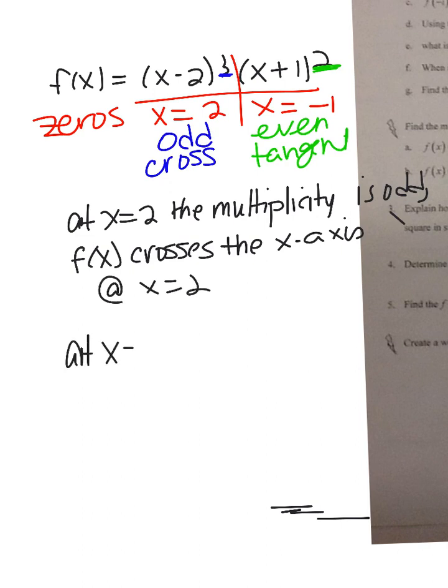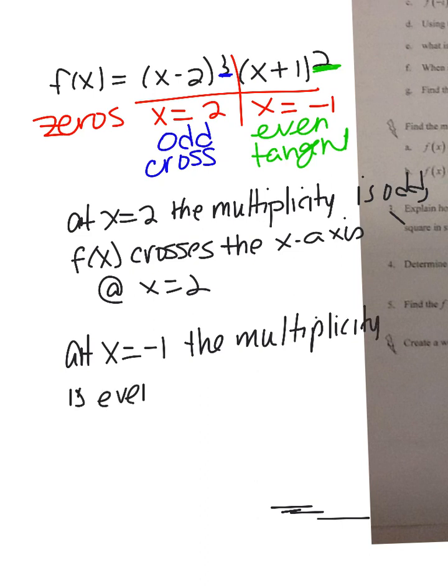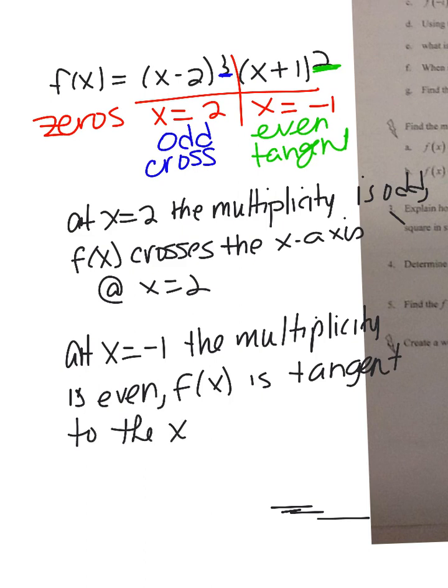At x equals negative 1, the multiplicity is even. F of x is tangent to the x-axis at x equals negative 1.